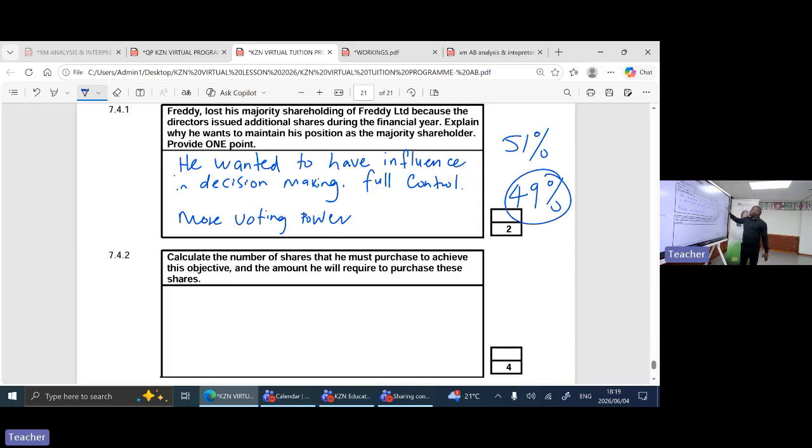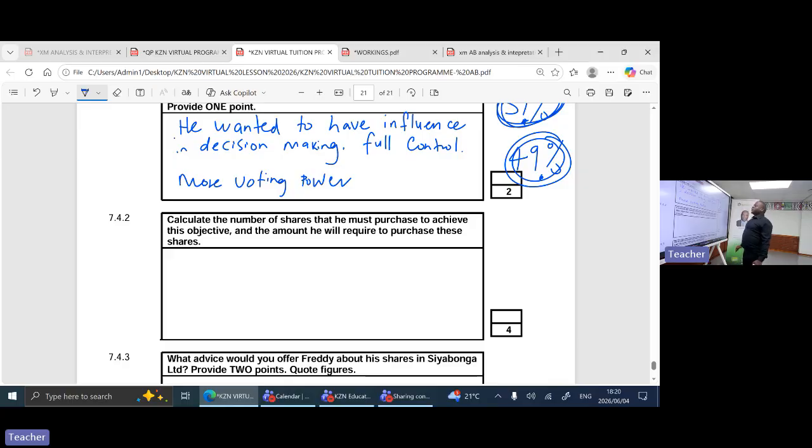So when voting, this one will always win because their shares are greater than the others' shares combined. That is why the major shareholder has a greater influence over others, because every time a decision has to be taken, they have more say since they've got the greatest number of shares.